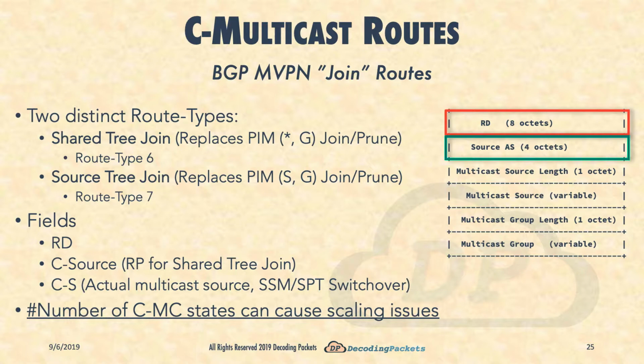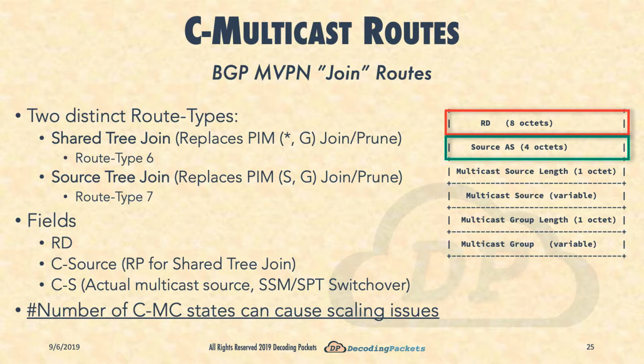Inter-AS scenarios are outside the scope of this particular video, but for our intra-AS scenario, the RD is derived from the PE that advertises the IP address used in the source IP field. So I should repeat that again. The RD in this packet is derived from a remote PE that advertised to you the IP address that you're using in the source IP of this particular packet.